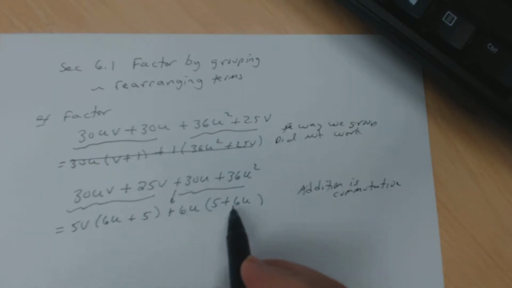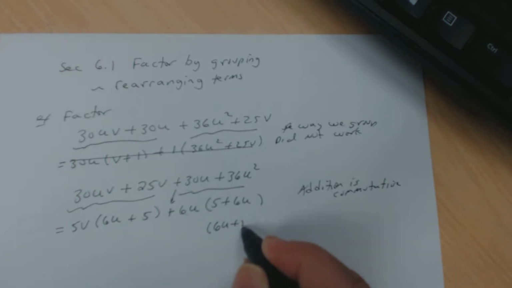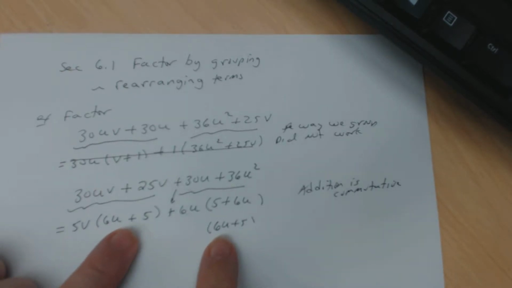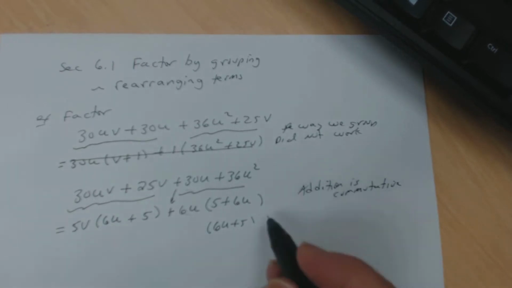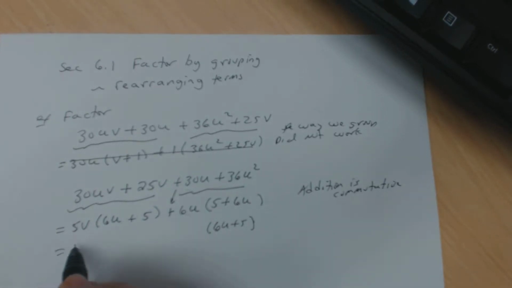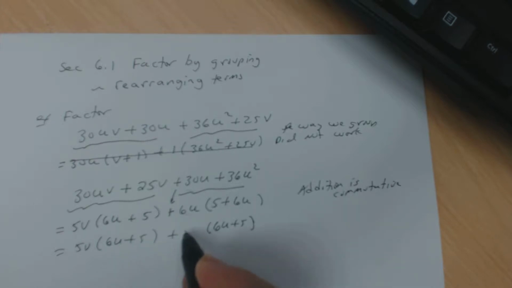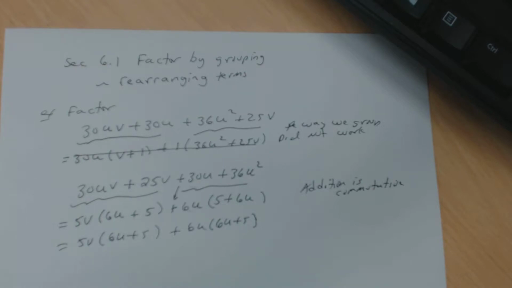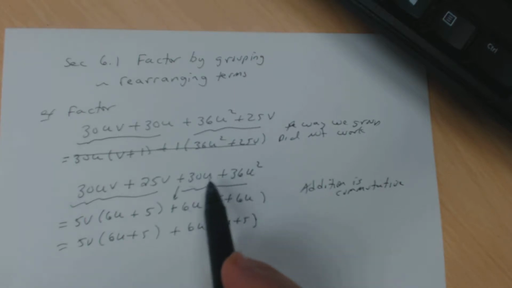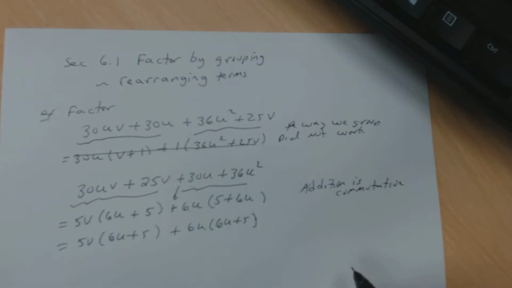So 5 plus 6u is the same as 6u plus 5, which is what we had right here. So I'm going to rewrite this: 5v times 6u plus 5, plus 6u times 6u plus 5. It's the same as before, because 6u times 6u is 36u squared and 6u times 5 is still 30u. We just changed the order.